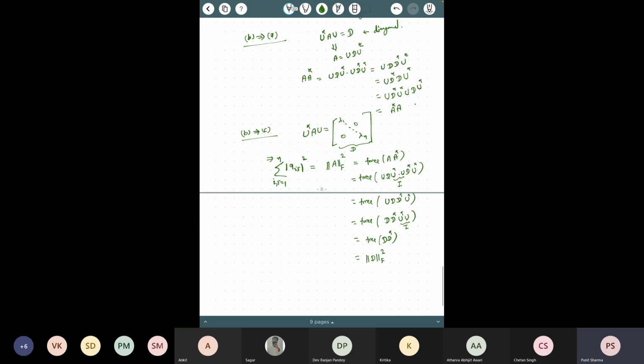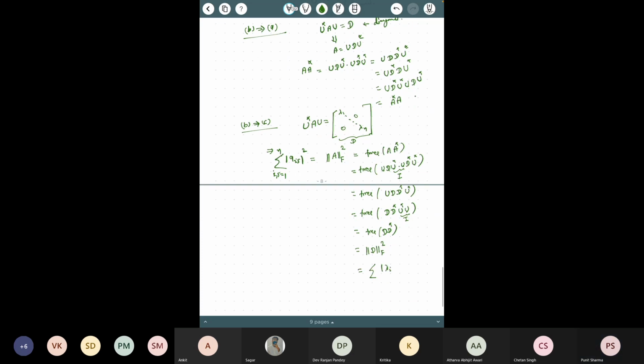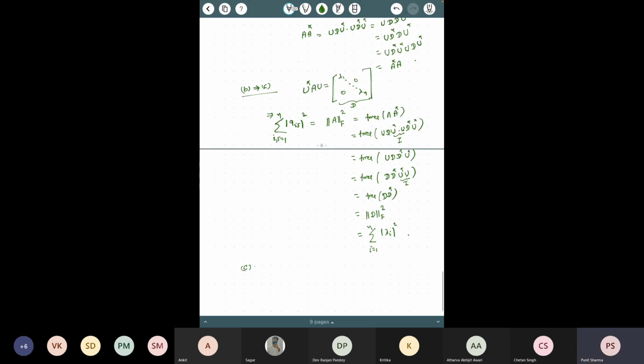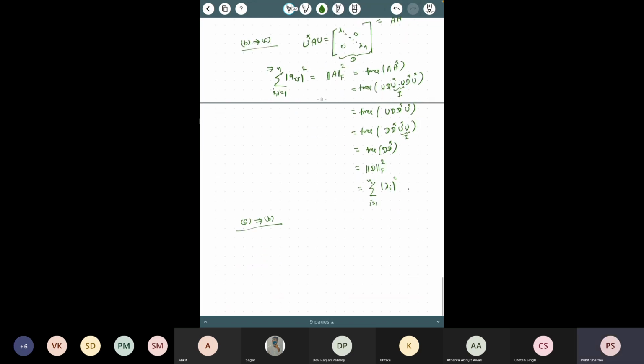But then what is this? This is just this one. So this proves C. So B implies C. Now next, C implies B. So suppose this is given to us.